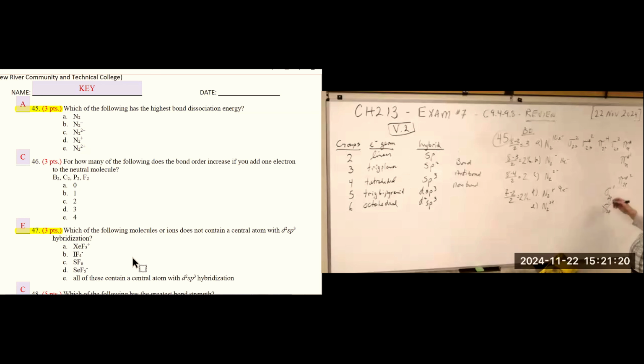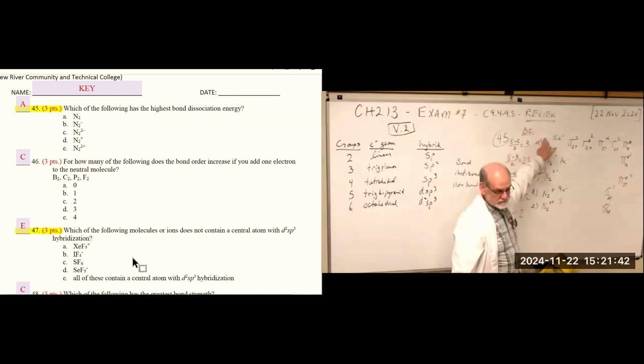There are no electrons in that one. That's only 8. So it's 6 minus 2 over 2 is 2. Okay. So what was the question? The highest bond dissociation energy is the neutral dinitrogen molecule. Yep.